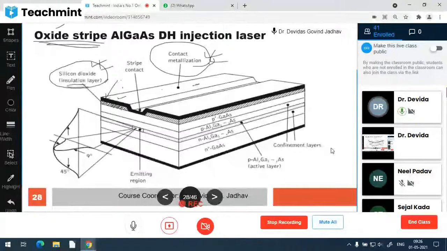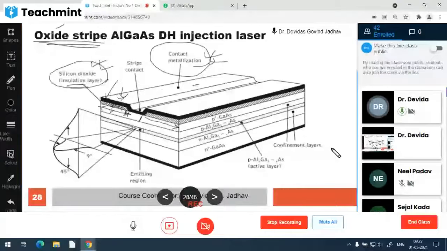So whatever the metal is biased with the external bias voltage, that voltage does not get connected to the layer in this area, but there is a very small strip where the silicon dioxide is not present. In all other areas the silicon dioxide is present.